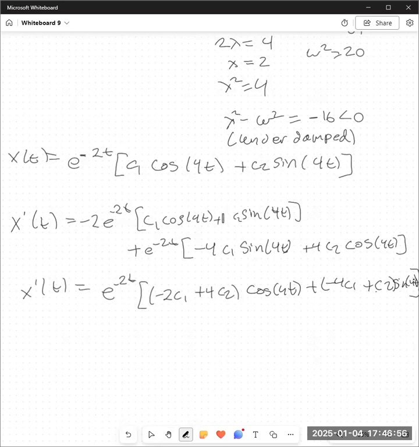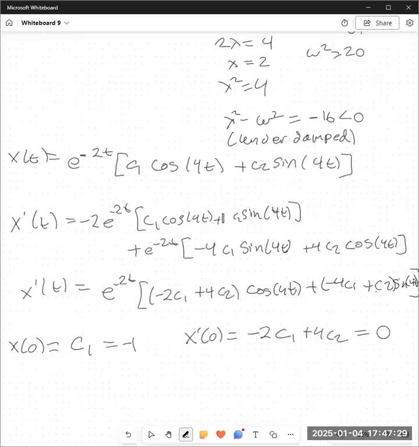Okay. And then we have x of 0 is going to be c1, which is going to be negative 1. x prime of 0 is going to be negative 2c1 plus 4c2. And we're starting from rest, so that equals 0.